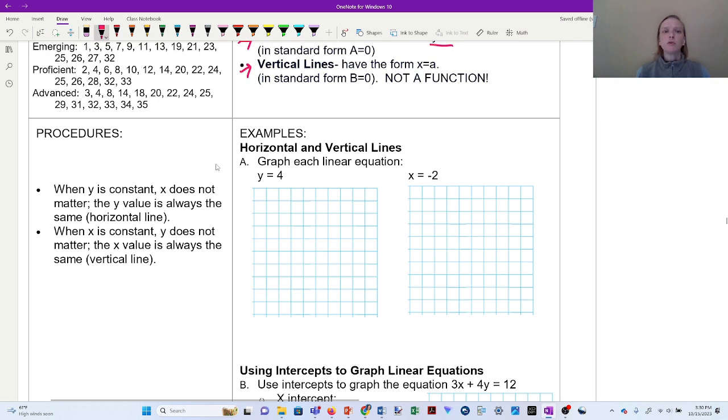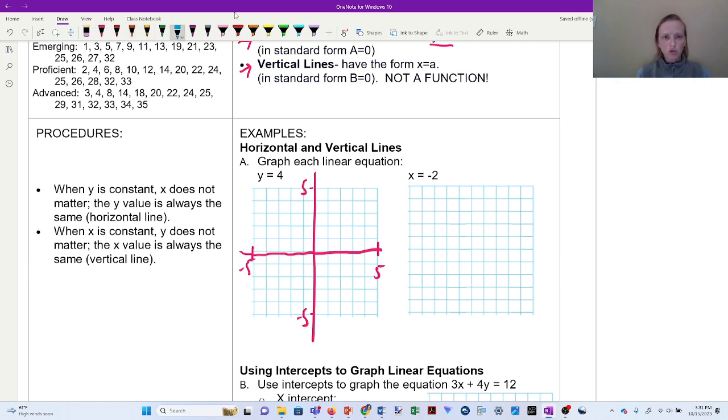So y equals 4. In this case, y is constant. X doesn't matter. The y value is always the same no matter what. So what this looks like is we can draw in our axes here, and we go up to, let's see, this is positive 5, this is negative 5, this is negative 5, this is positive 5, and we would end up with y is 4 no matter what.